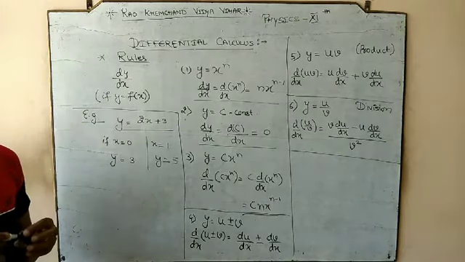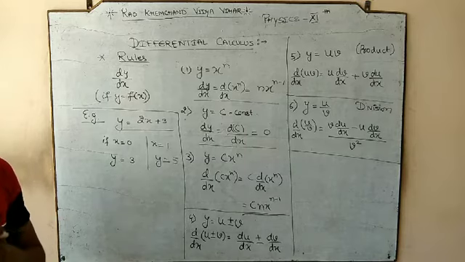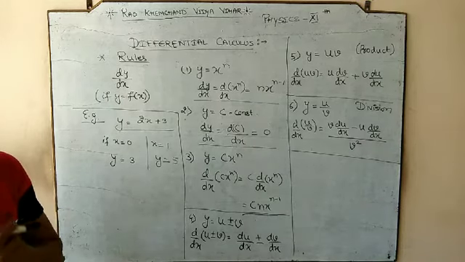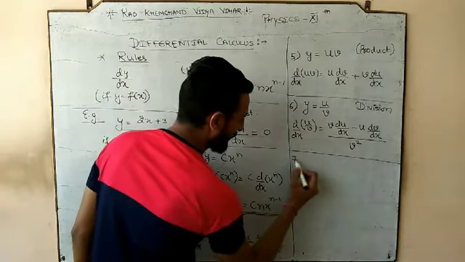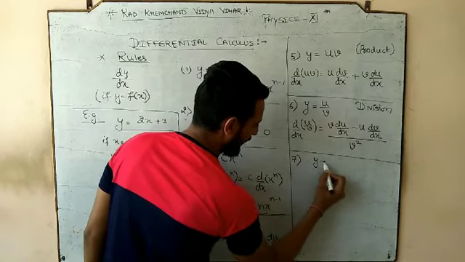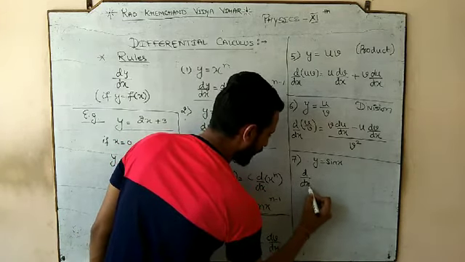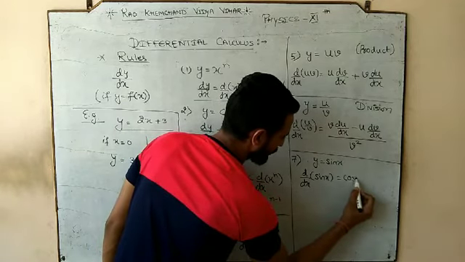So here we have the 6 important rules that I discussed. There are some rules which are related to trigonometry, and there is one more rule called the chain rule. But उसके बारे में मैं आराम से डिस्कस करूंगा आपके साथ chain rule के बारे में. But let's discuss the trigonometry rules को और लिख लेते हैं. If y is equal to sin x, so the differentiation of sin x is cos x.